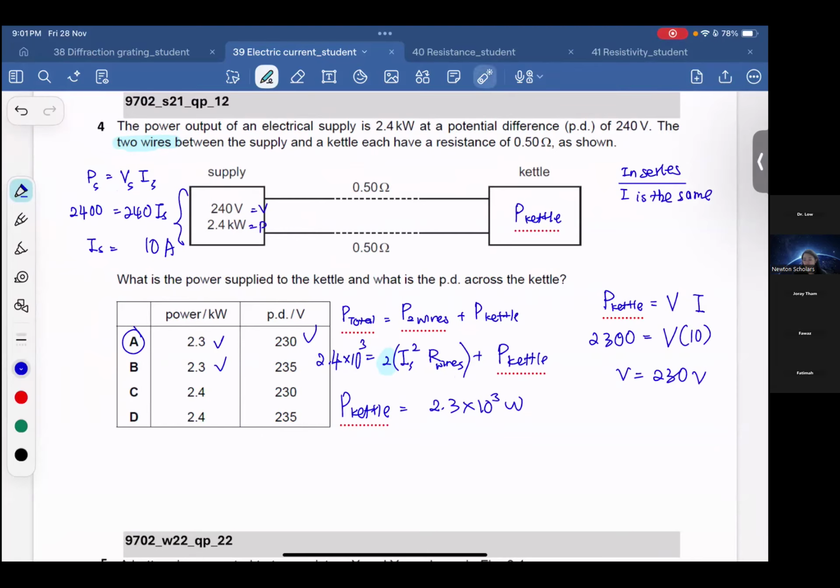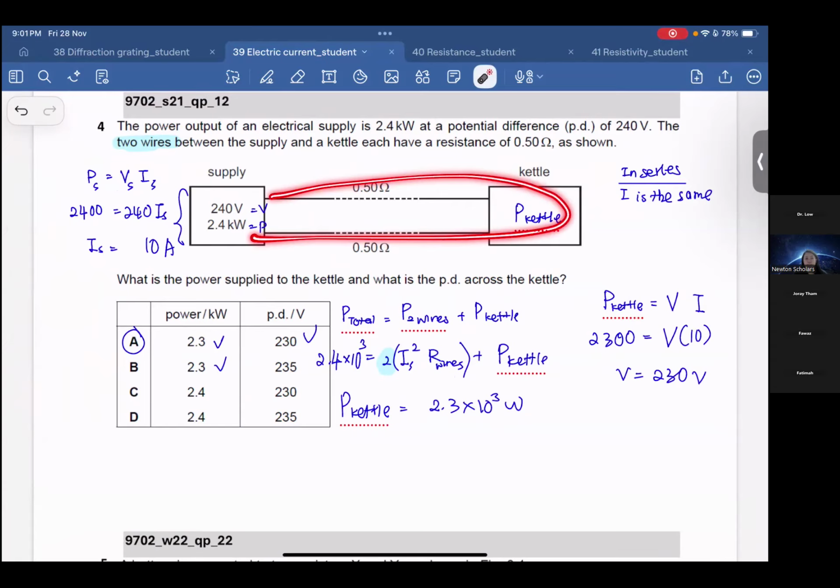Okay, so I repeat, here the total power is added up together. Why times 2? Two wires. Wire power plus kettle power plus wire power. Then this is the total power provided. Because this is connected in series, the current all the time will be the same.